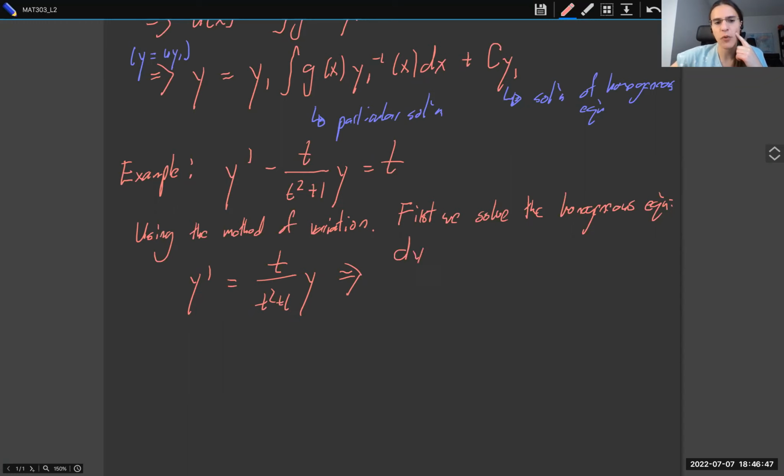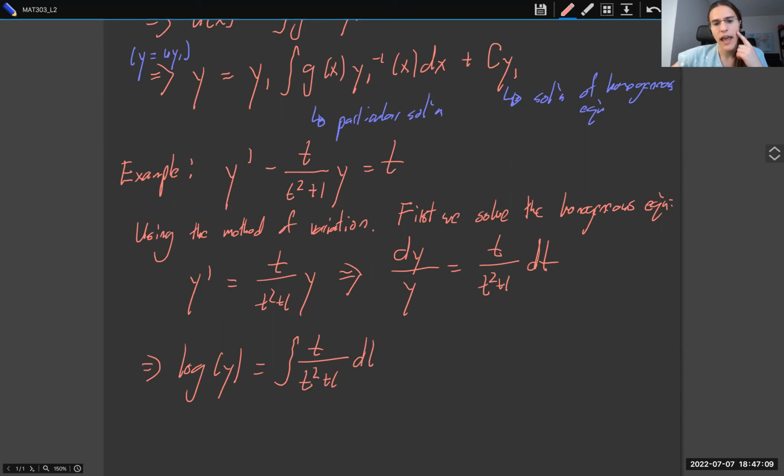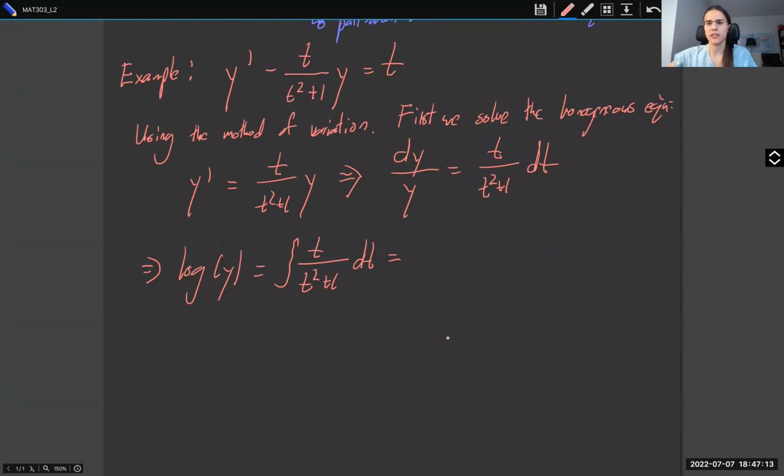I'll just write dy over y is equal to t over t squared plus 1 dt, since the variable is now t. That implies that the logarithm of y is equal to the integral of t over t squared plus 1 dt. We did this integral yesterday. It was the first integral that we did. What's the answer?